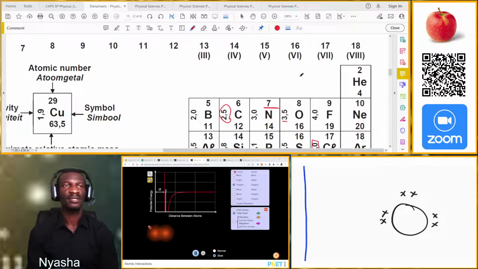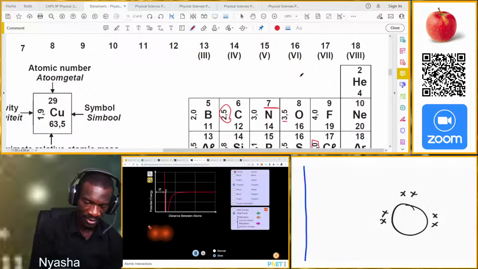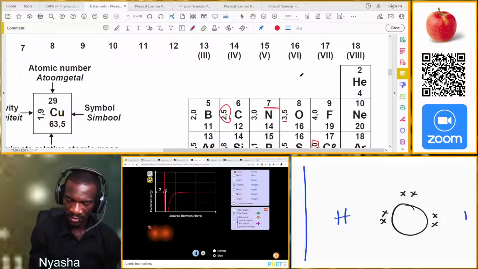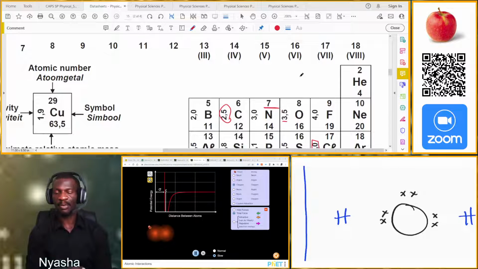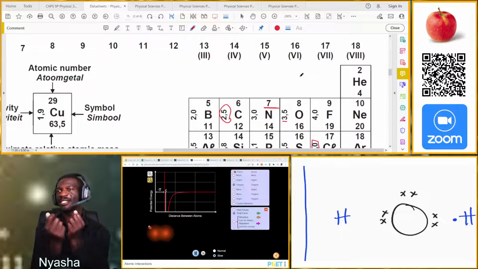Next, it's bonded to hydrogen and it makes a stable molecule. So how would these bond? Obviously, hydrogen donates one of its electrons to this bond. The oxygen is highly electronegative, isn't it?